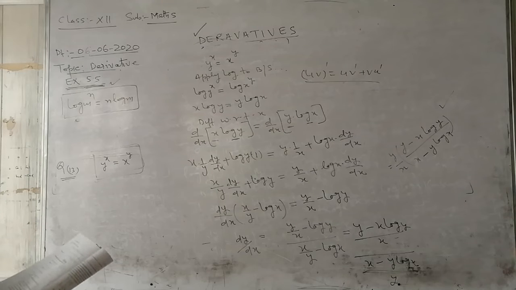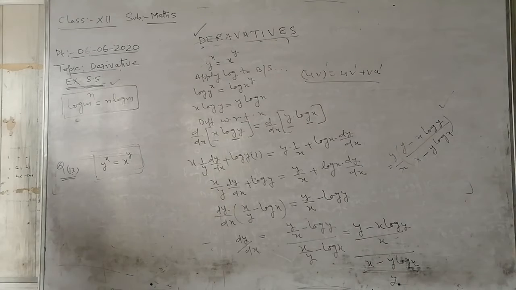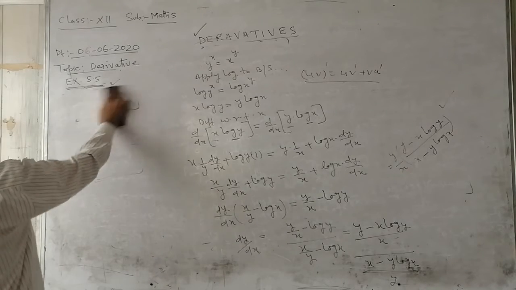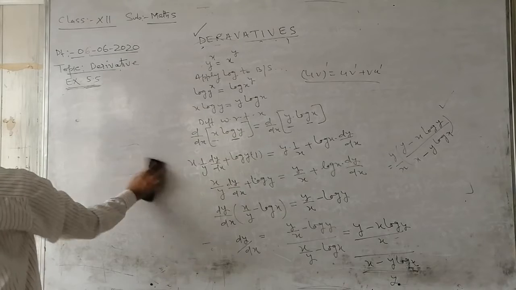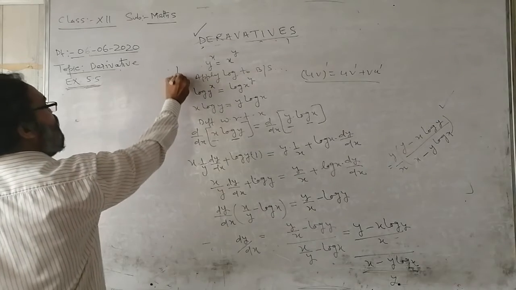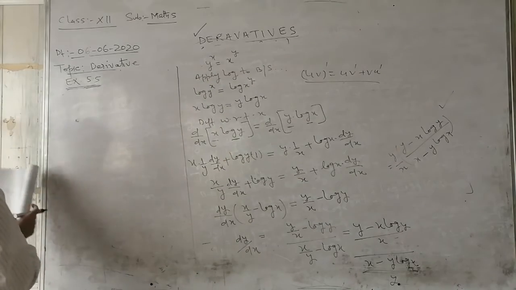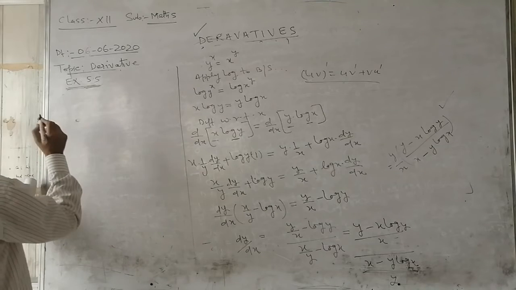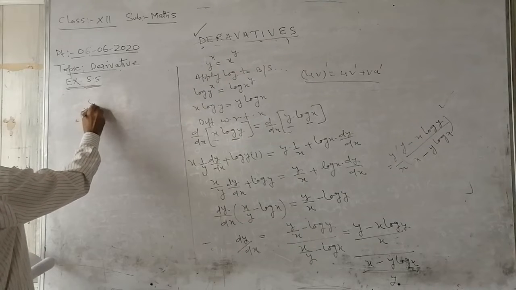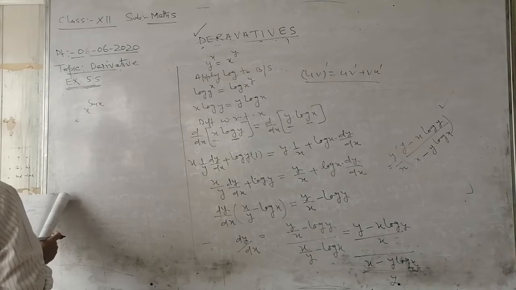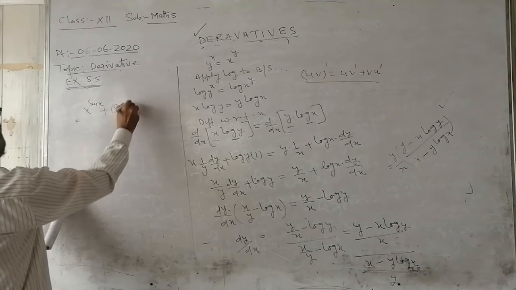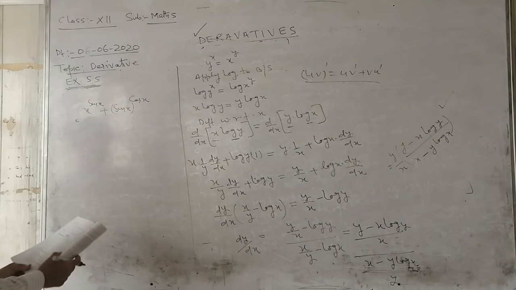So this is the value of the derivative of the given function. So one more question of the same type I can take. The question is, you have to find the derivative of x raised to power sin x plus sin x raised to power cos x.